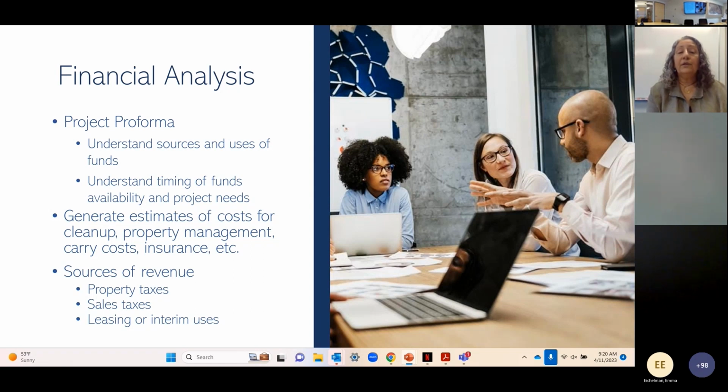So there's a lot of nuance here. There are a lot of resources available to help with that financial analysis, but it's really important to understand where the money's coming from, where it's going, and over what period of time, to make sure that your sources and uses are lining up, not just in total dollar value, but in timing for what you need to use them for.